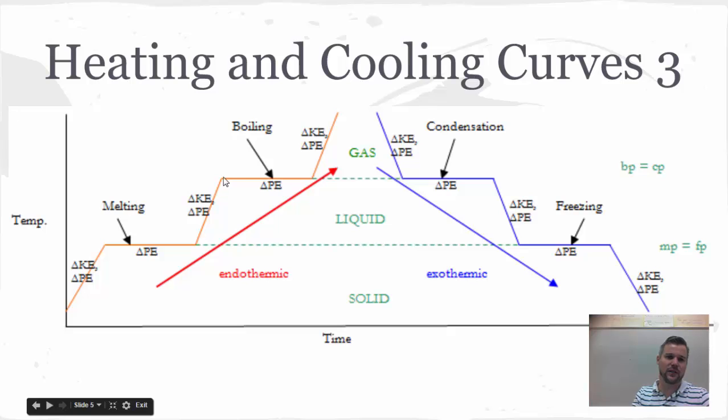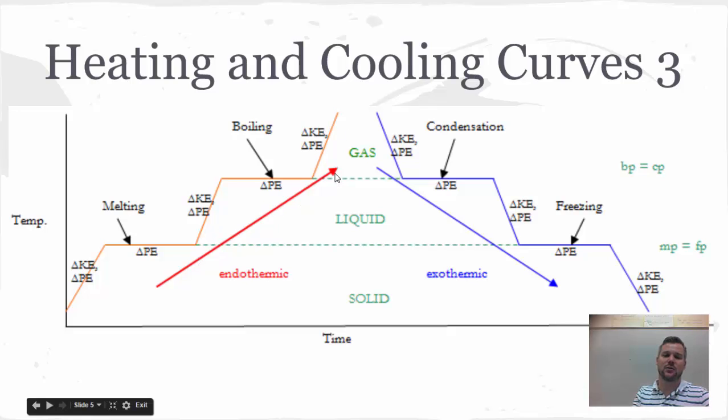So mostly liquid, and then the quantity of liquid decreases till you have only gas. And then as the gas goes up, as the temperature goes up, the particles also can get further apart, the delta PE, but mostly delta KE here, at least for our class. And that's because the temperature is now increasing and we only have a gas in that container.